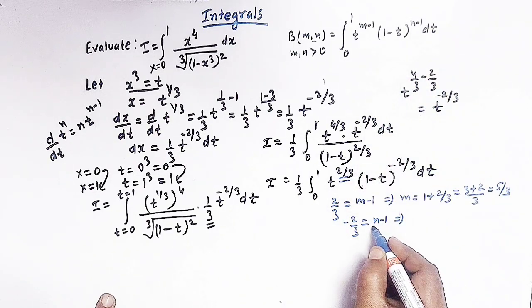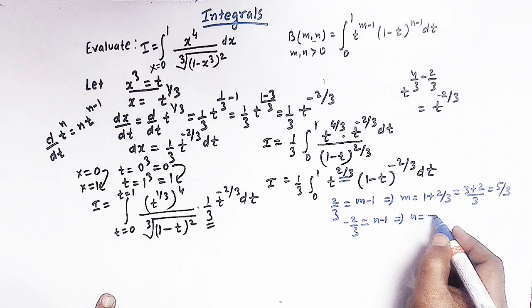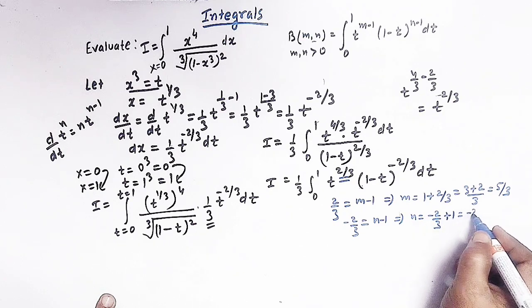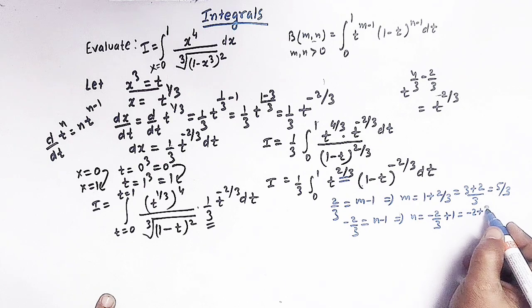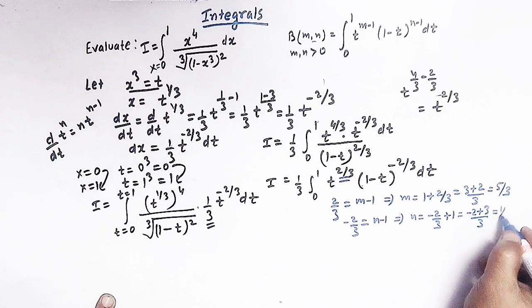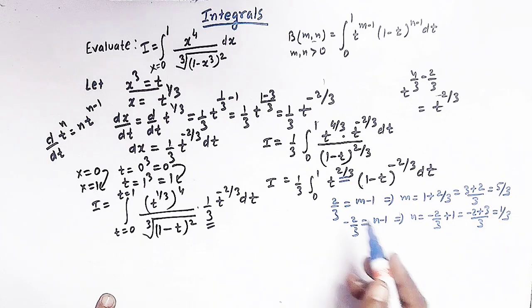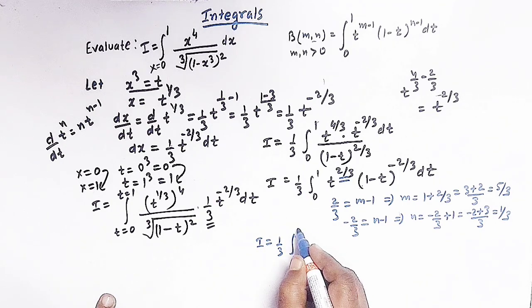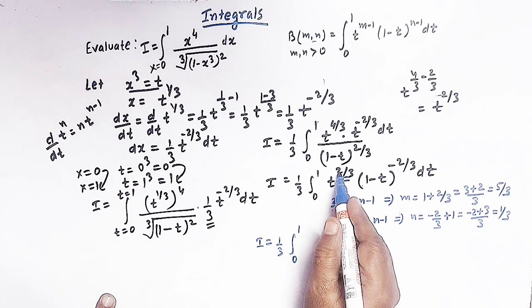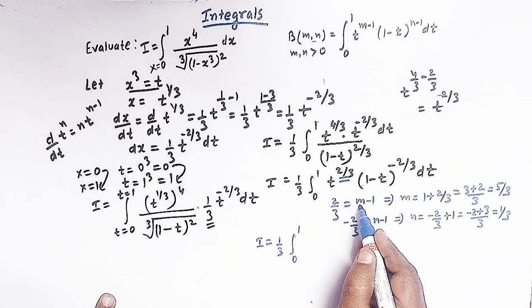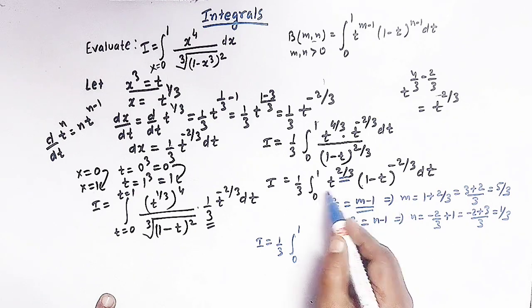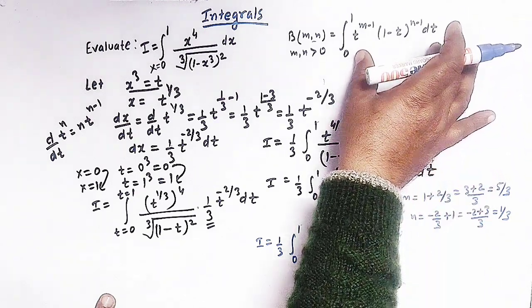So solving this equation for n, we can now write minus 2 over 3 plus 1. So this is minus 2 plus 3 over 3, that is 1 over 3, right? So now we can write this integral as 1 over 3 times the integral from 0 to 1 of t raised to 2 over 3, which can be written as m minus 1, right? Because we want to convert this integral into this form.